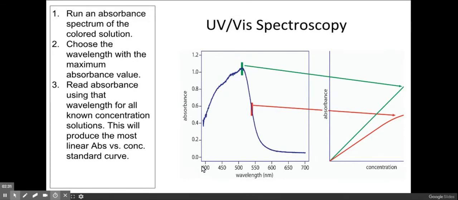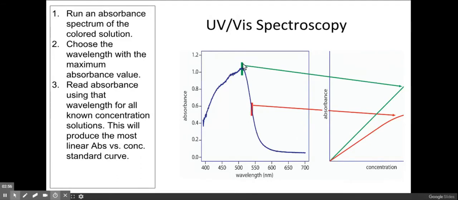Notice here we're going from less than 400 up to 700 nanometers in wavelength. We're putting in one sample of a colored solution into the spectrophotometer and letting it run the absorbance at all of these different wavelengths of light, and you will get this absorbance versus wavelength curve.